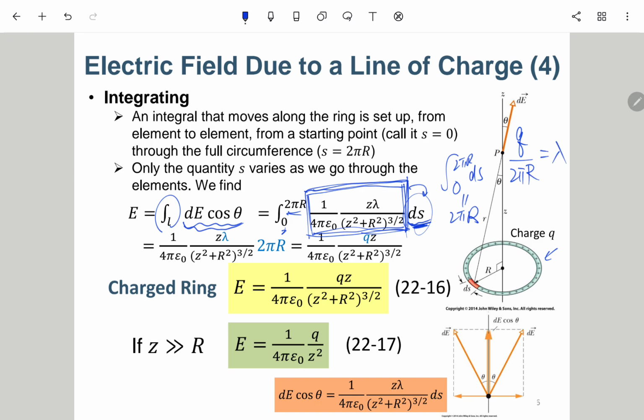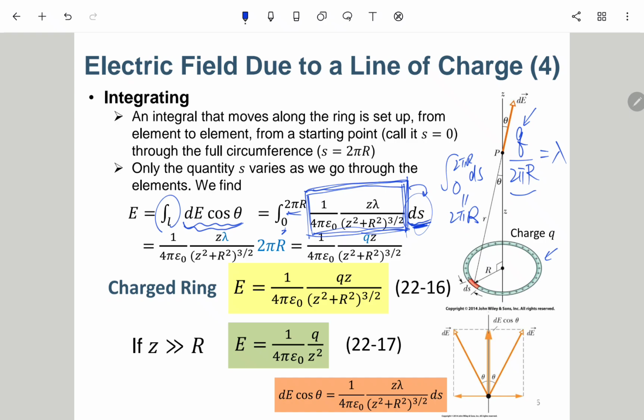According to the linear charge density, of course the charge is uniformly distributed, so the density will be a constant over the whole ring, and Q is the total charge on the ring, and 2 pi r is the length of this ring. So Q over 2 pi r will be the uniform linear charge density of this ring.